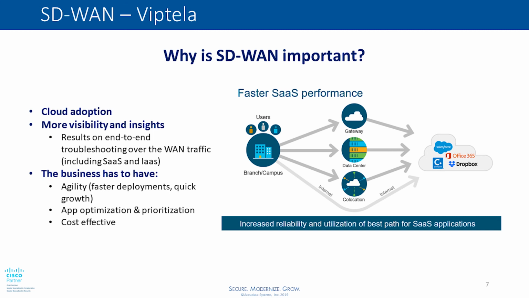And the business has to have more agility, so for you to have faster deployments and quick growth, if you're opening new branches that will be connected to your data center and your software as a service application, you're going to gain agility by opening new branches through the SD-WAN. You can have application optimization and prioritization.